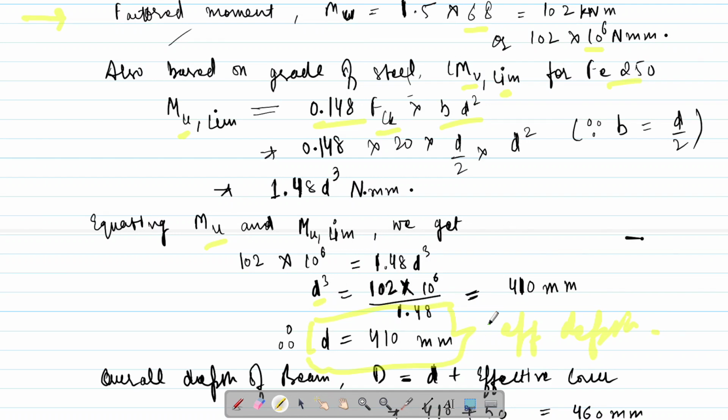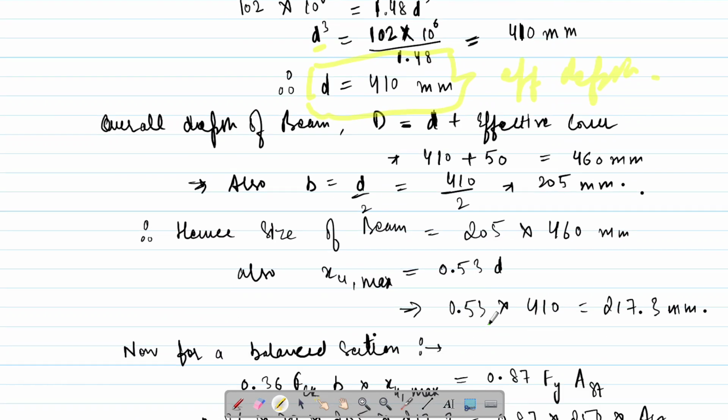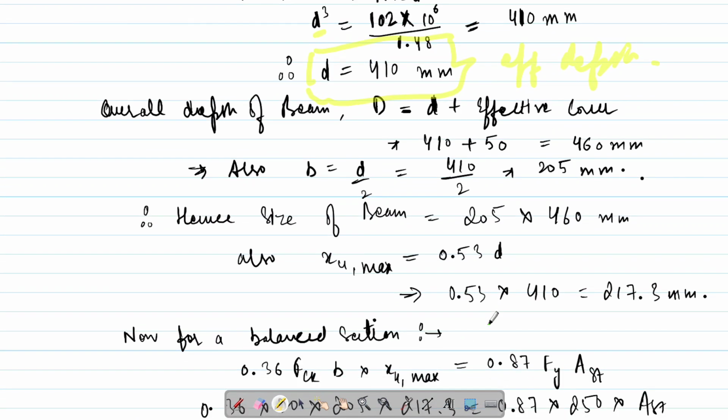Therefore we can also calculate the overall depth. Overall depth can be calculated by using the effective cover value, and we'll add that effective cover value to the effective depth. So 410 plus 50 comes out to be 460 mm. That is the overall depth value.